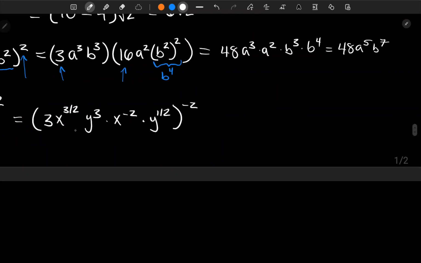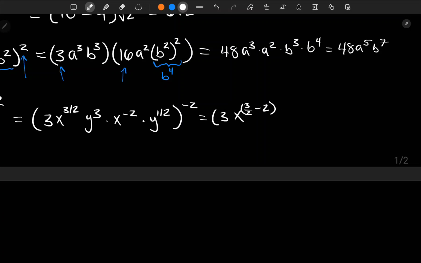Then we can simplify this a little bit because we have 2 x's here and 2 y's. So what we can do is we can write this as, well, this is equal to 3 times x to the 3 over 2 minus 2.